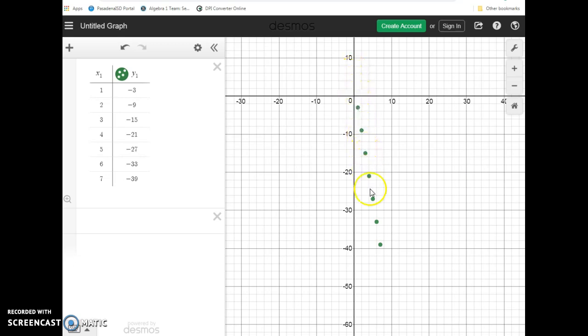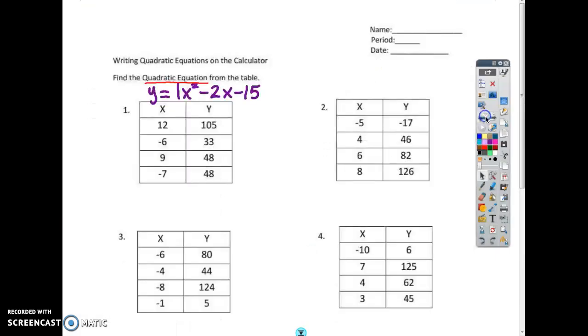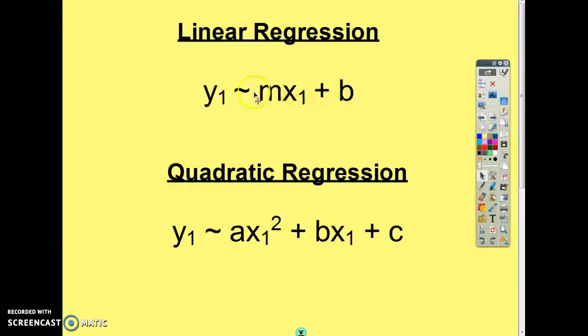Look. Right? They're in a line. So let's do the linear. And if it doesn't go through all the points, then we know it's not, right? So I think it's linear, so I'm going to type the linear function. Remember, we're using this one. y1 approximately mx1 plus b because I think it's linear. Parece línea. Okay, so I'm going to use this one.